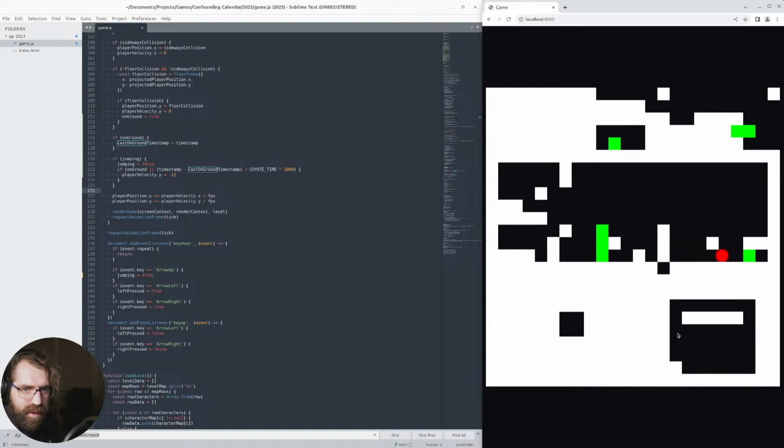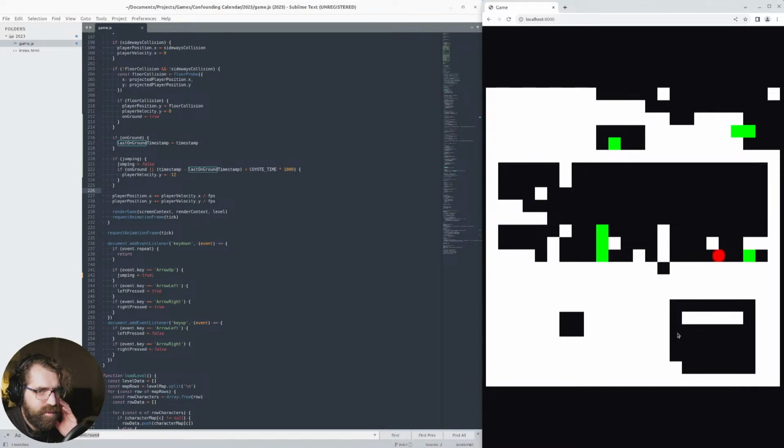So there's a snapping that happens there. That's because there's a moment where I'm in the wall, because it allows me to jump upwards to the top left.